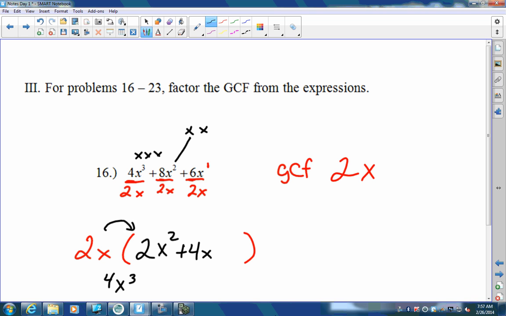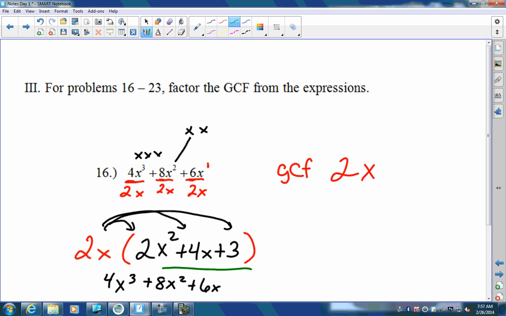You go back to that GCF every time. Now, 6 divided by 2, 3. I need 1x. I already pulled out 1x. It's just this. Because if you went back and multiplied each term by 2x, you would get your original, which is what you want.